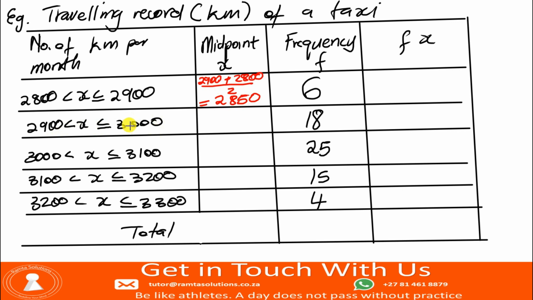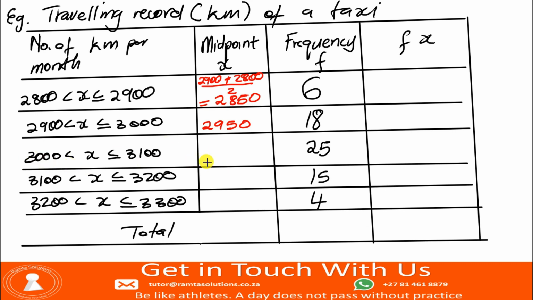So here, what is our midpoint? Still doing the same. 3,000 plus 2,900 divided by 2. What are we getting? So here we will get 2,950, I believe. Let me confirm. 5,900 divided by 2. That's 2,950.